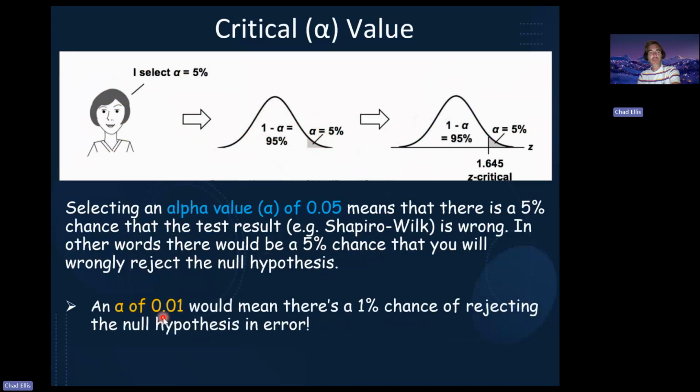But say if we set the alpha to 0.01, so a much lower alpha value, a higher threshold, that means in this case that there's only a 1% chance that we would reject the null hypothesis incorrectly. So the lower that we set the alpha, the lower the chance that we're going to falsely reject the null hypothesis.